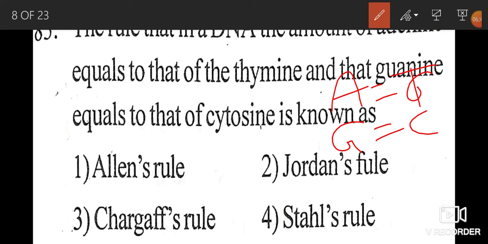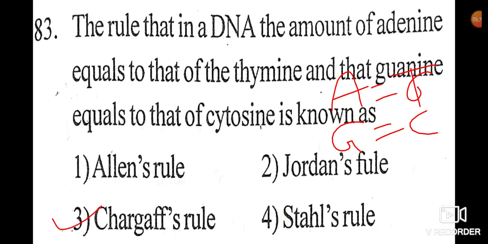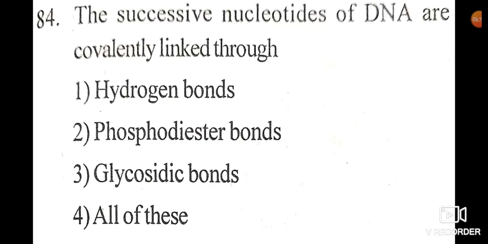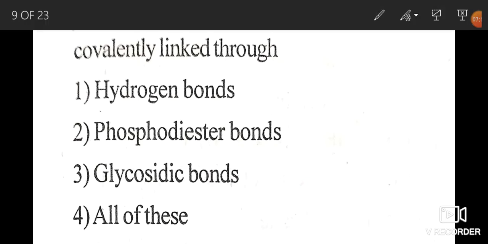So this is nothing but Chargaff's rule. So the right option is 3. Question number 84. The successive nucleotides of DNA are covalently linked through phosphodiester bonds.